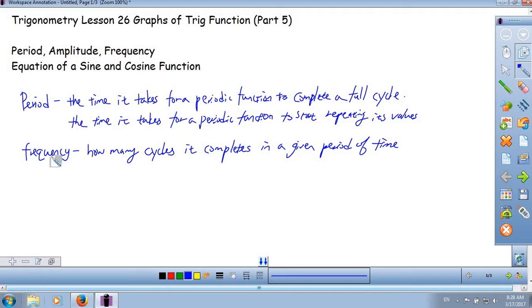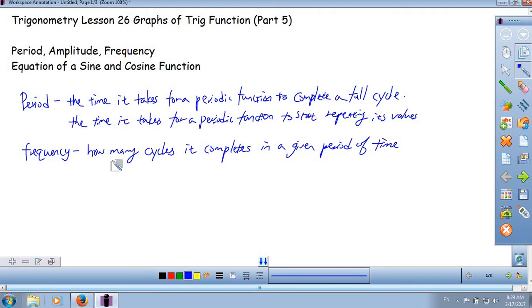That's how we use frequency to distinguish between different kinds of waves. Different light waves have different frequency, different colors of light have different frequency, radio waves, microwaves, they all have different kinds of frequency. They all depend on how many cycles it completes in a period of time.